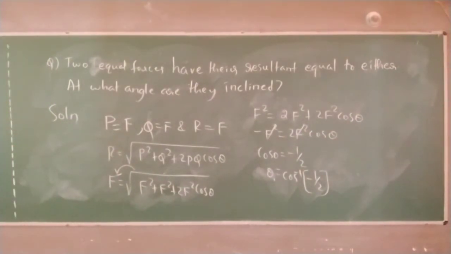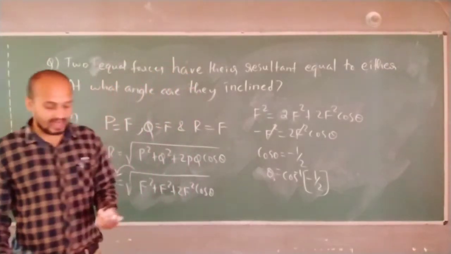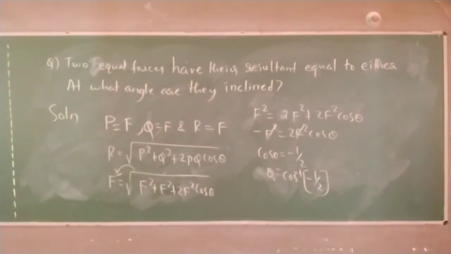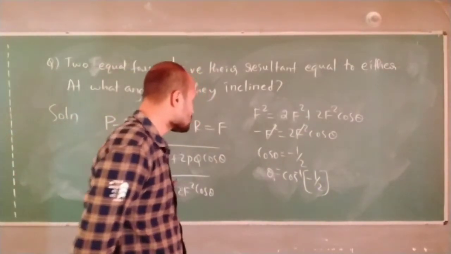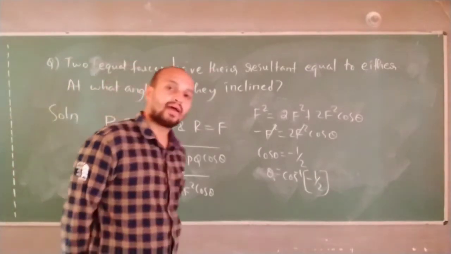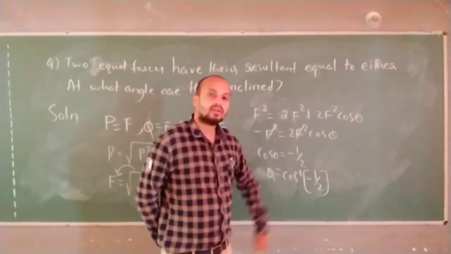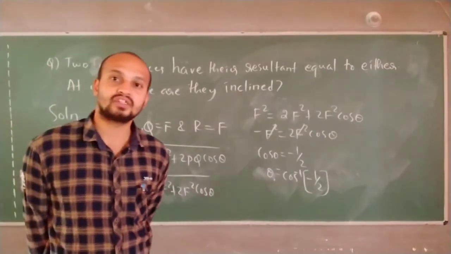When theta is equal to cos inverse of minus 1 by 2, when will cos be 1 by 2? You are getting cos 1 by 2 for cos 60 degree.